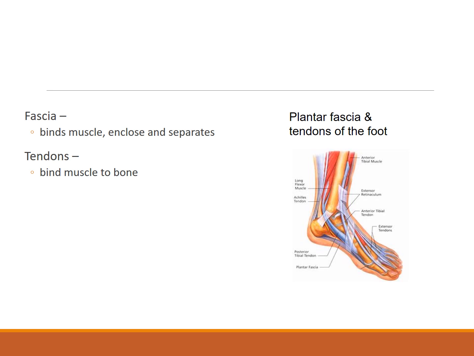Fascia is a connective tissue that binds muscles together, helps to enclose them and separate muscles, particularly muscles that are overlapping each other. Tendons bind muscle to bone. Here's an example of fascia, plantar fascia, right, that helps to separate the muscles within the tendons of the bone.